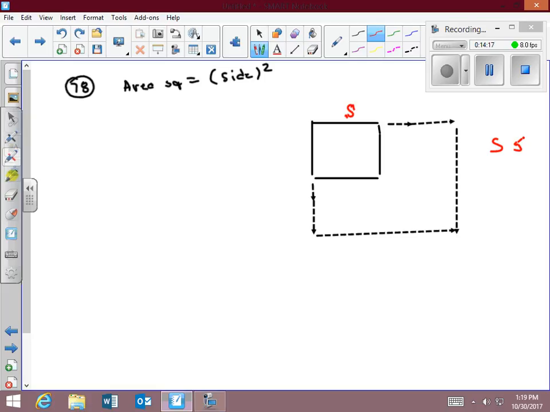So what I would do is change my variable. I want to solve for S, and I'm going to call it X. And then I would say this is 5 out here, and this is X, and this is 5, and it's extended. So the length from here to here is going to be X plus 5, and the length from here to here is going to be X plus 5.